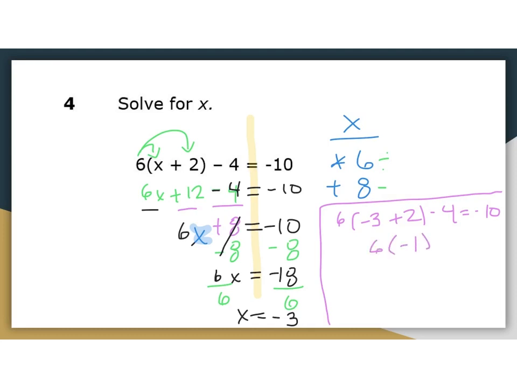So 6 times negative 1 minus 4 equals negative 10. And then 6 times negative 1 is negative 6. Minus 4 should equal negative 10. And then when you combine, you do get negative 10 equals negative 10.